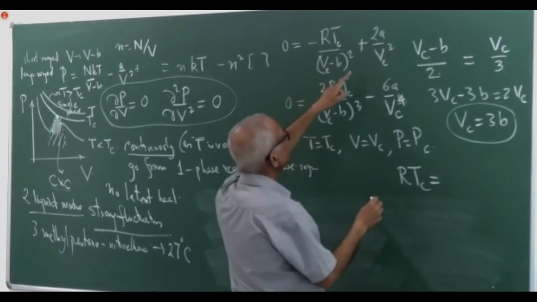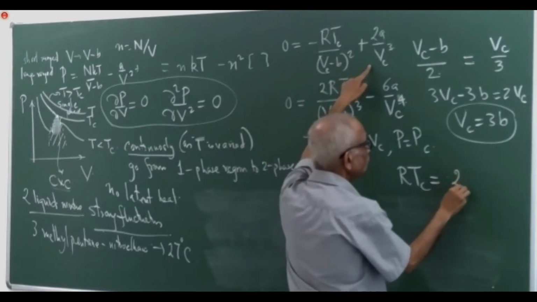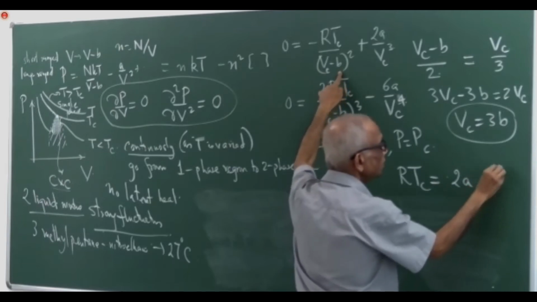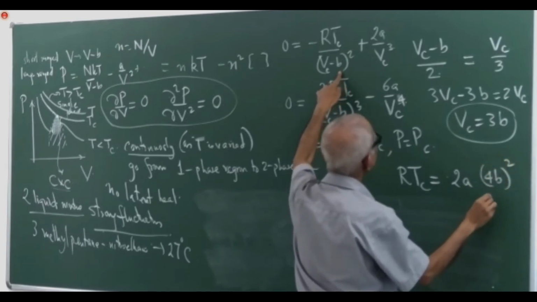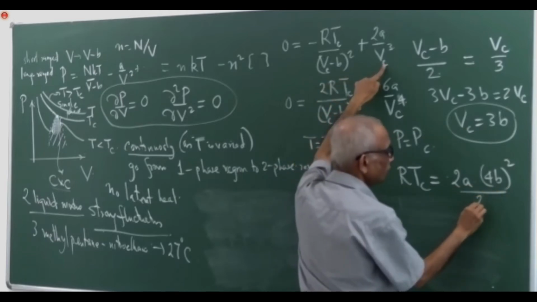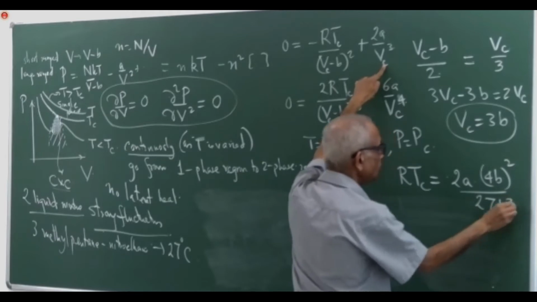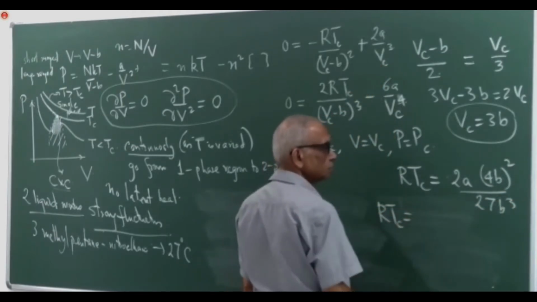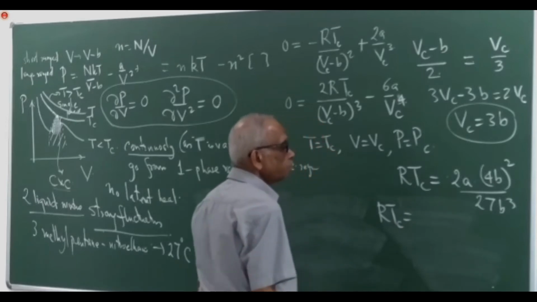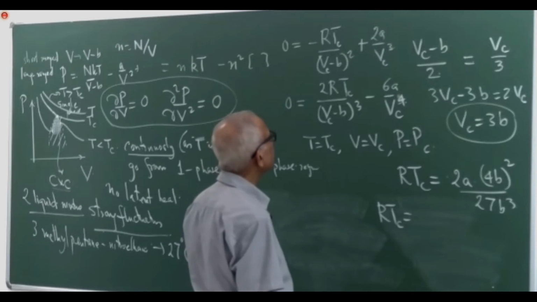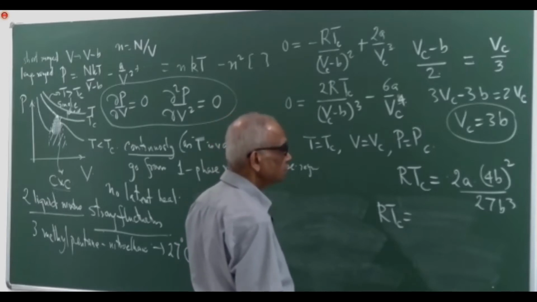R times Tc is equal to 2A times Vc minus B, which is 4B squared divided by Vc cubed over here, which is 27B cubed. So RTc equals... where did I, this is 8.